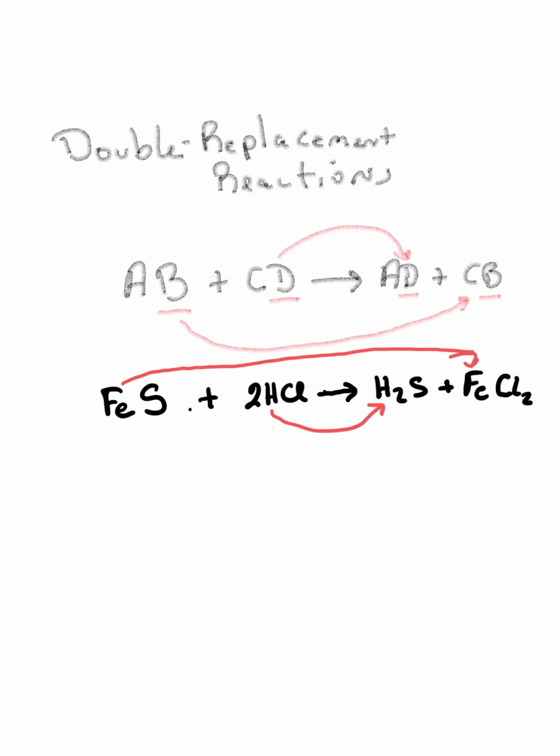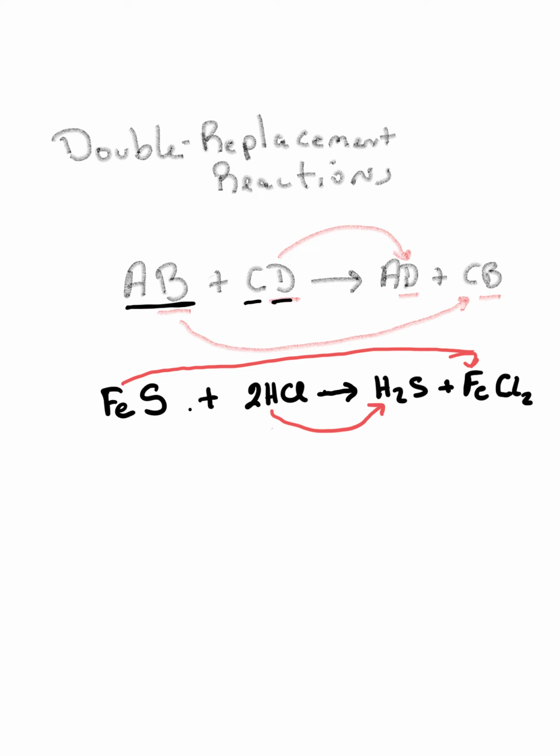In a double replacement reaction, you're switching two different elements among the compounds in a chemical reaction. So if you look, you'll see AB on the reactant side. So again, A is one element, B is another element, plus CD. So C is one element, D is another element.